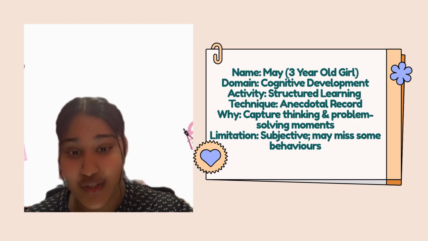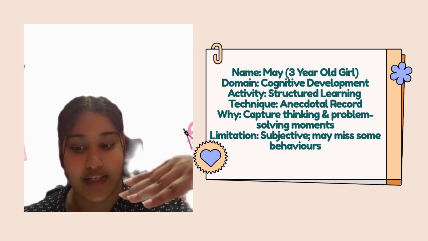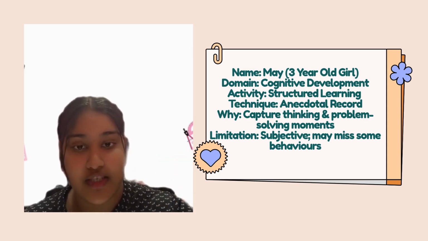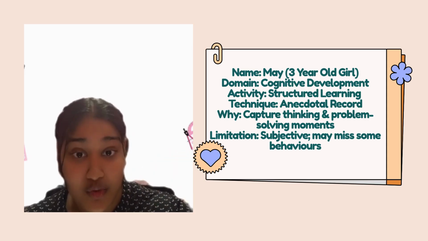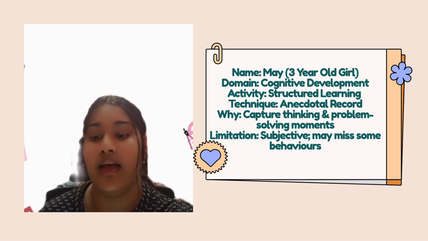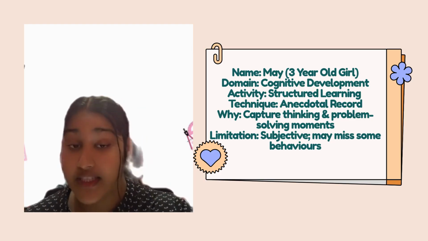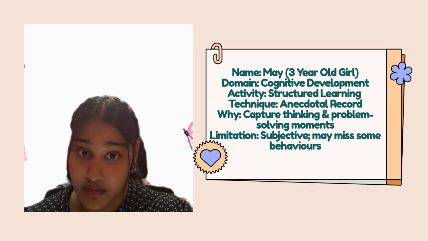She successfully used this method to help her form simple words and actually read, which demonstrated her ability to retain and apply new information. All these observations suggest that May is developing strong cognitive skills, particularly in memory, reasoning, and problem solving.